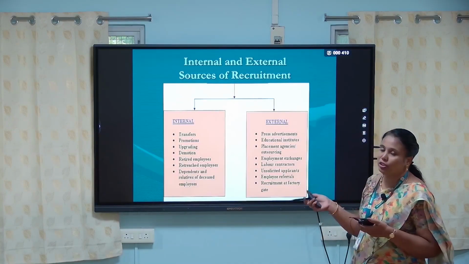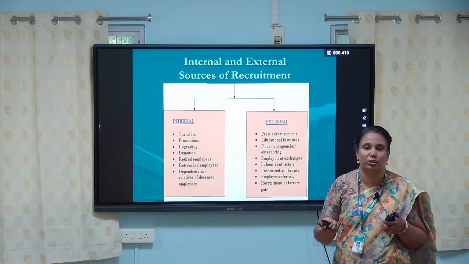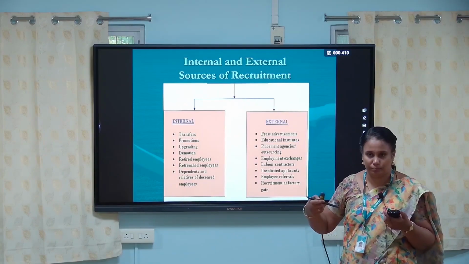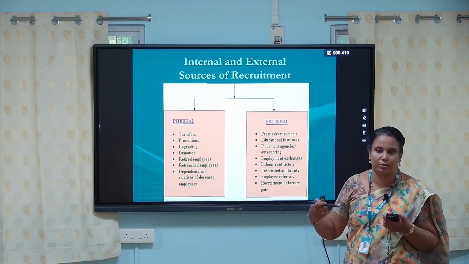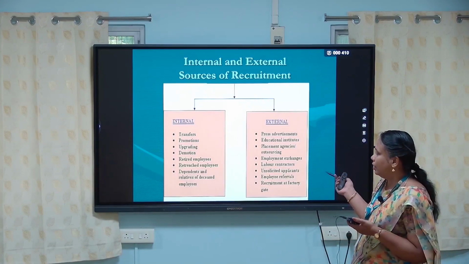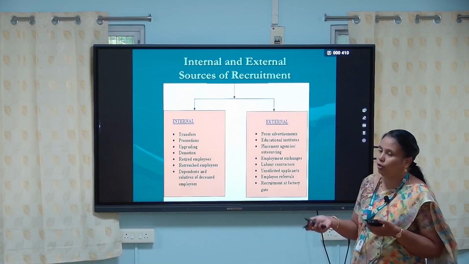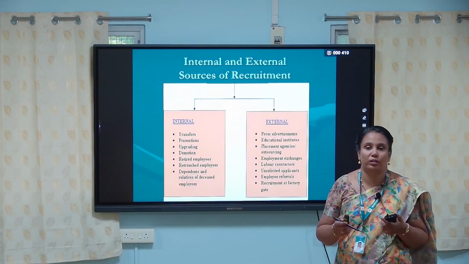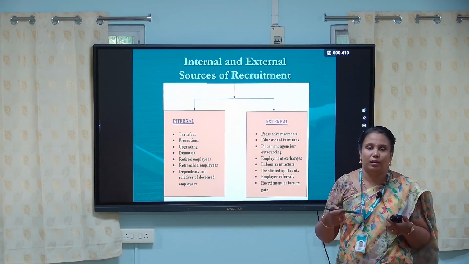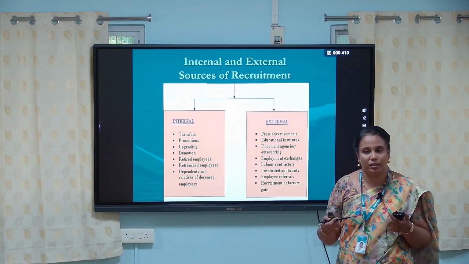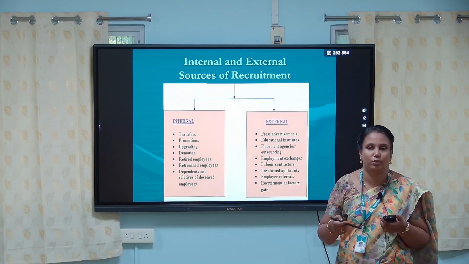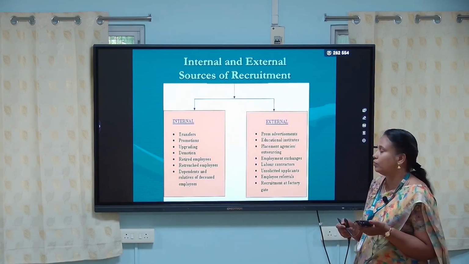And then next is demotion. This is just the opposite of promotion. It might happen as a punishment or something, where they go one step downwards. Next are retired employees: hiring retired employees again into the organization to work as a senior executive or for some designation is one of the internal sources of recruitment.